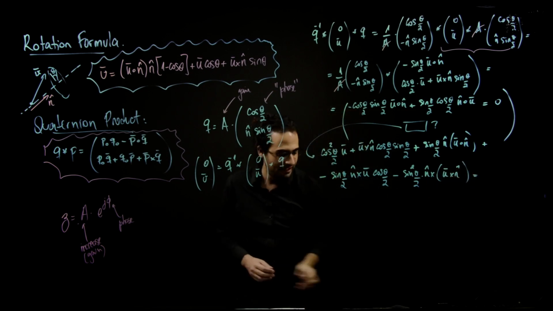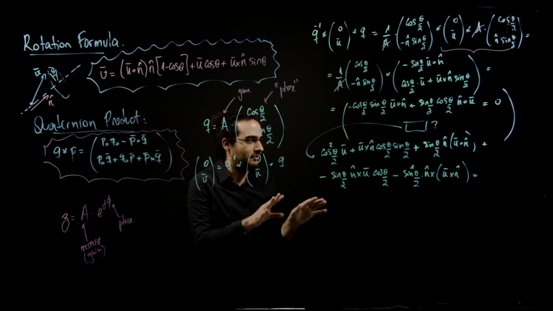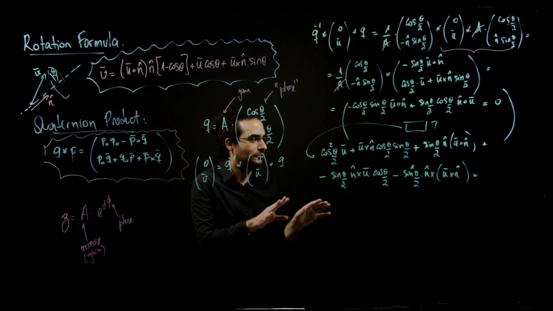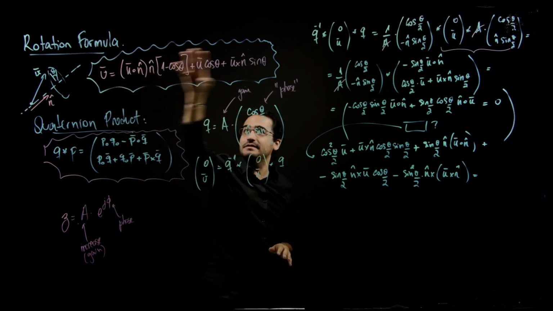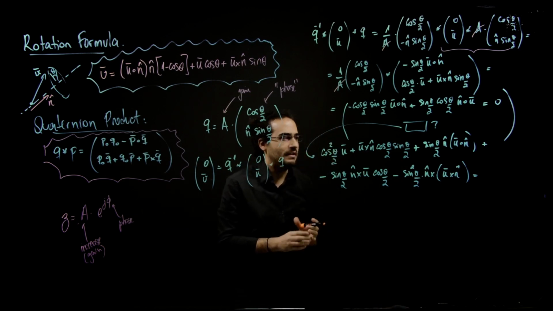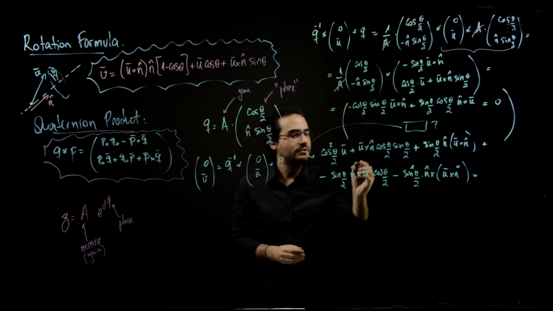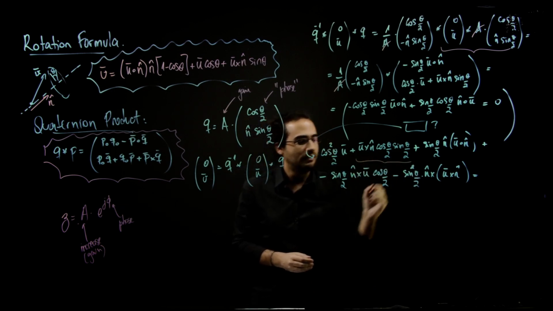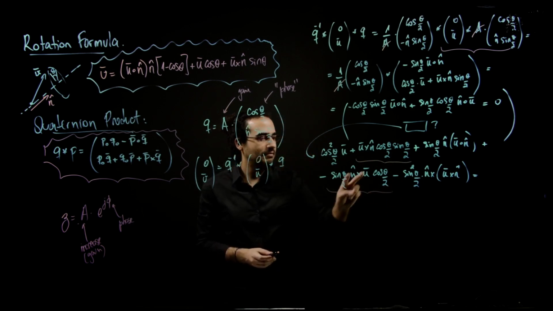Now this is the moment where we can exercise some vector algebra and some trigonometry. Let's see what we can do, because in the end of the day we are hoping to get this, and we definitely don't have that yet. First of all, we do have this term over here and this term over here that look very much alike, except that the order is reversed.